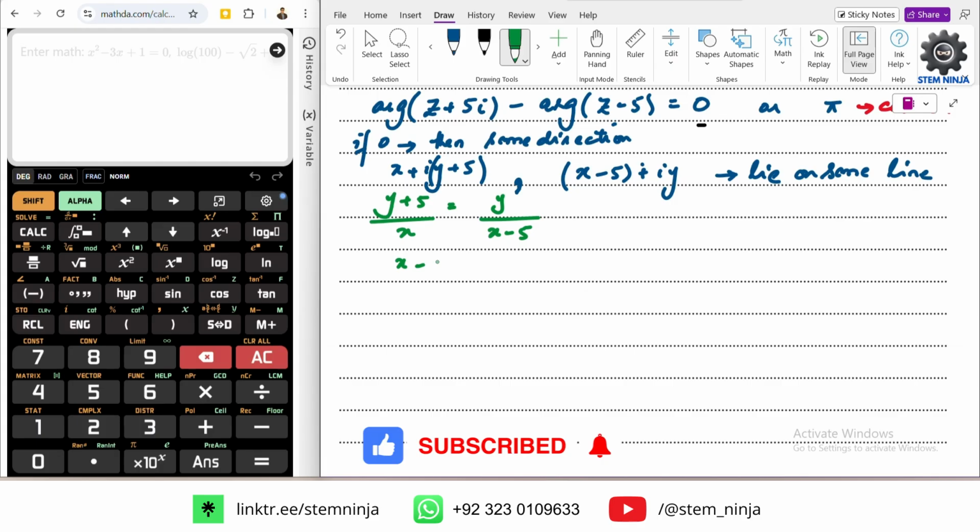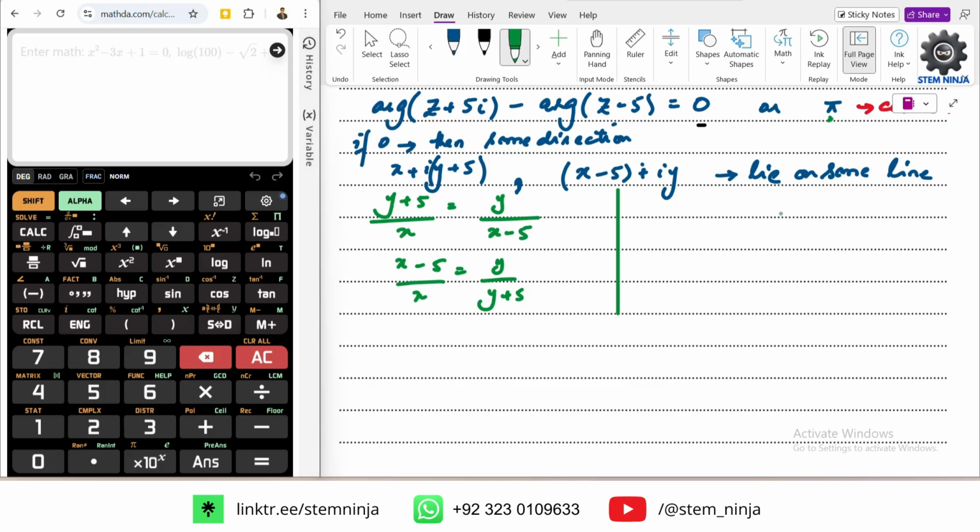So when you do this, x minus 5 over x, you get y over y plus 5. Either way, whichever way you want to write this. If it's minus pi, if it's pi, the basic thing would remain the same. So it doesn't really matter over here. So actually, I drew this to continue the working.